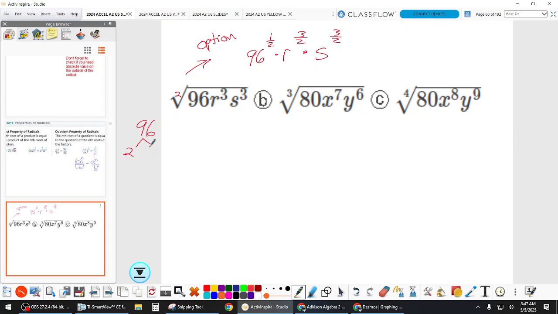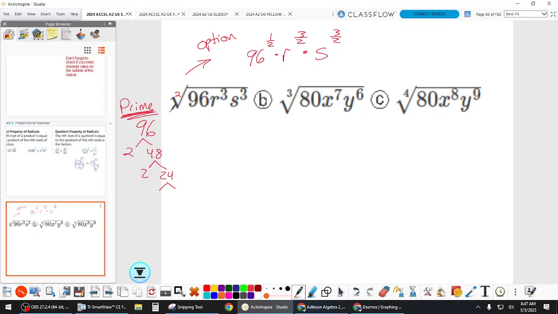Okay, prime factoring. Pick one that you know goes in there, like 2. What's the other one? Do 2 again, or maybe do 3 now. 6 and 8 are not primes. Prime factors.